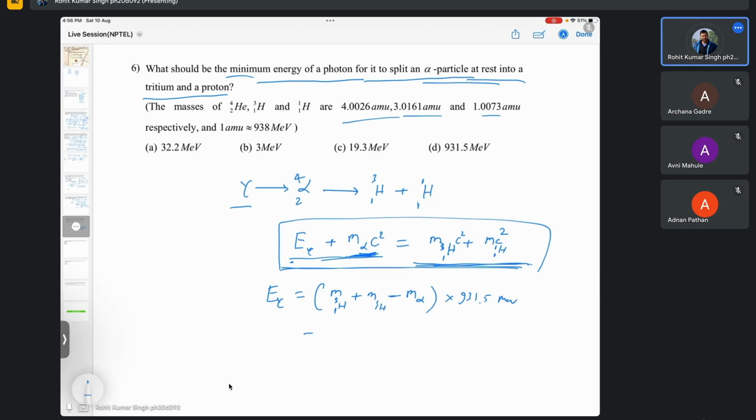If you solve it, you will get I think closer to 19.3 MeV.